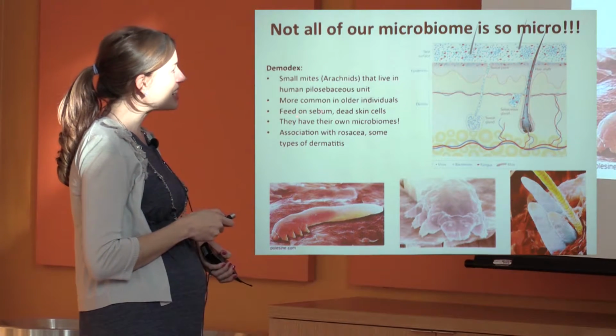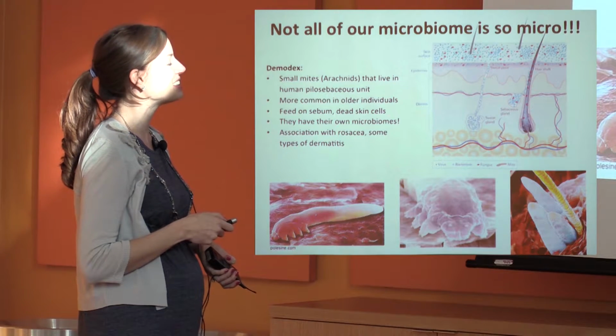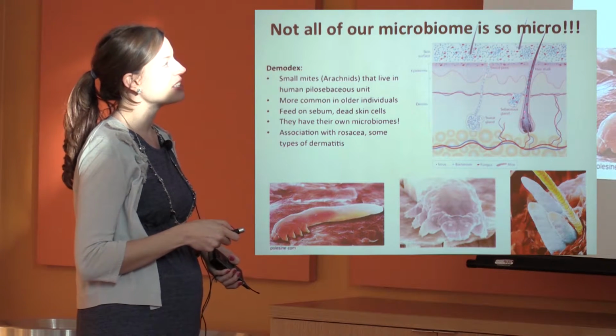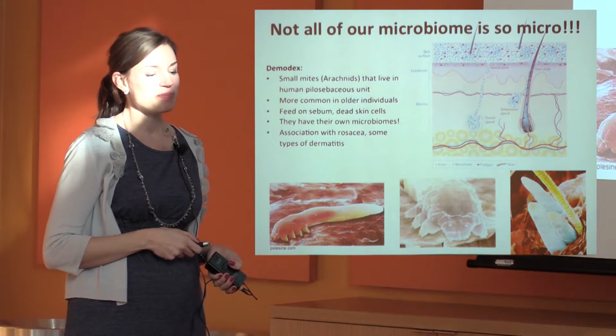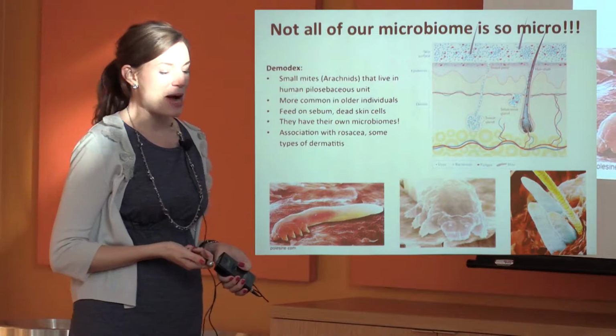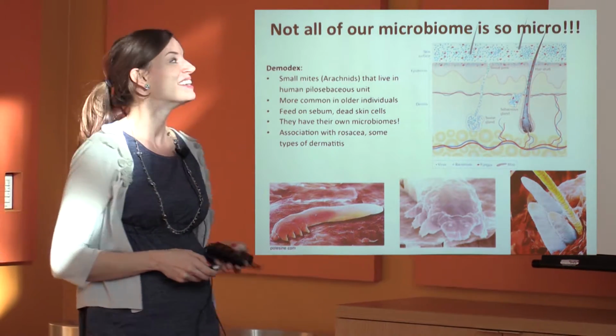So what they do in here is they feed on sebum and these dead skin cells, maybe even the bacteria that are colonizing in here. And they have their own microbiomes too, so their guts are colonized by bacteria.